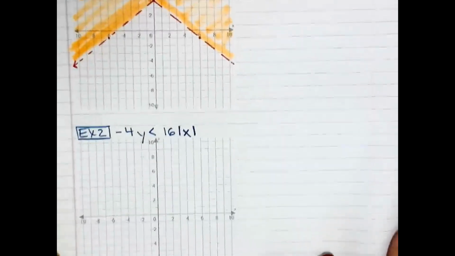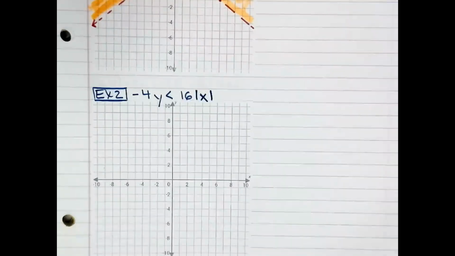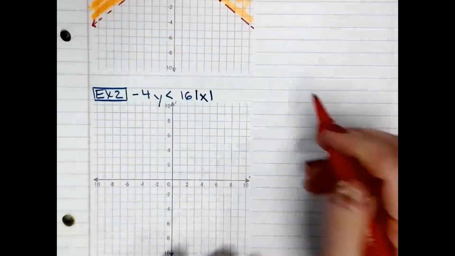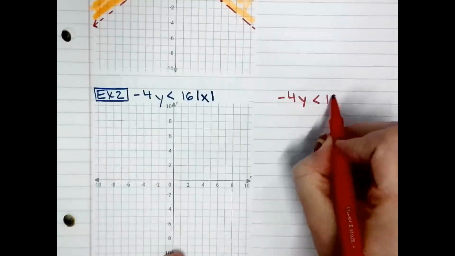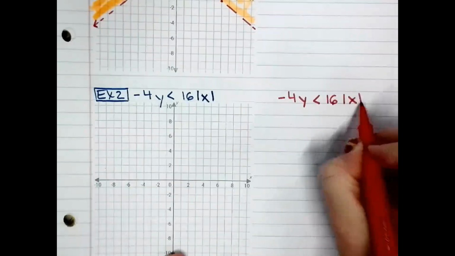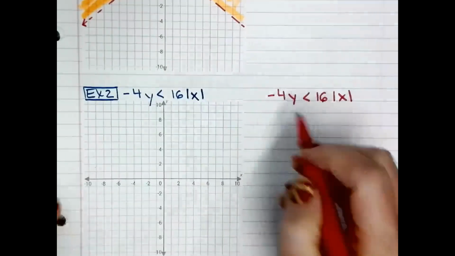Number 2. Ooh, this one is not y by itself. But we're smart, we can solve for y. So I have -4y is less than 16 absolute value of x. I have to isolate y, but this -4 is in my way.